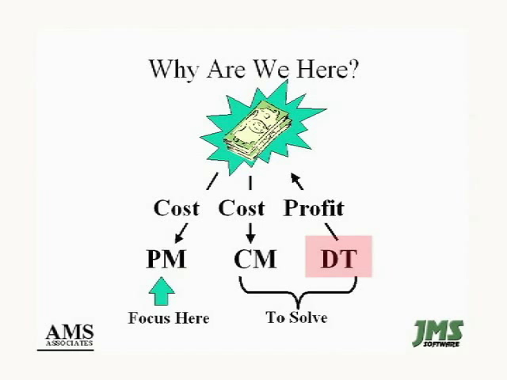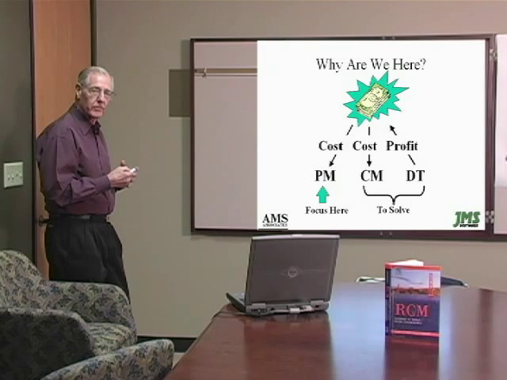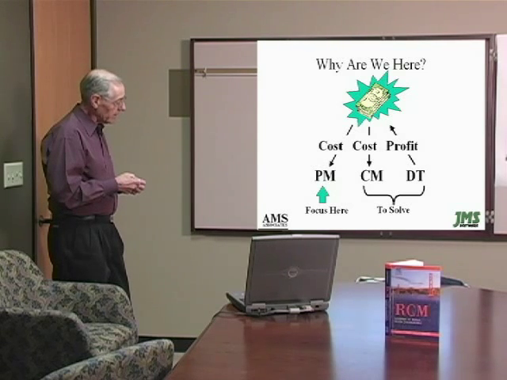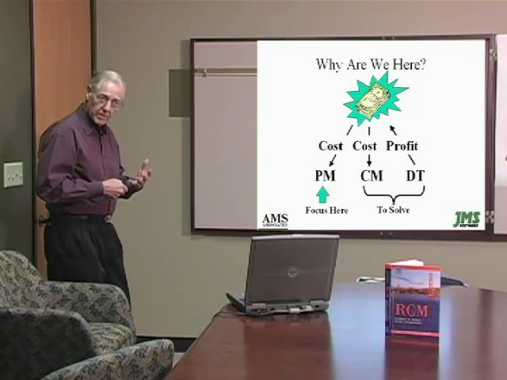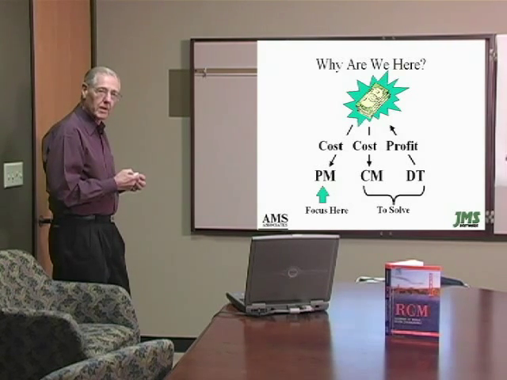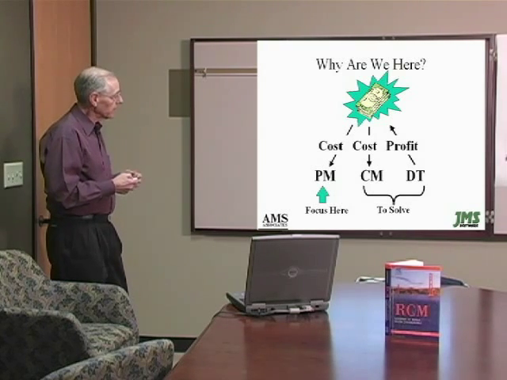But the third one that we want to talk about is downtime, namely the amount of time that you lose in actually producing the throughput, the product, whatever it is that your plant or facility is responsible for doing. And in this particular area, if we can eliminate the downtime or increase throughput, if you will, we can actually drop money directly to the bottom line as profit. We can put more out than we could have otherwise done.